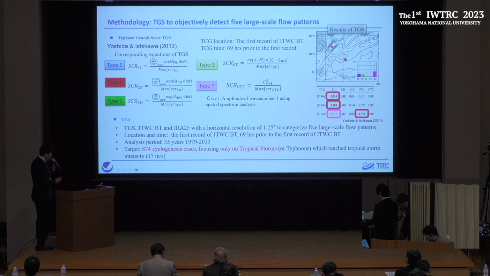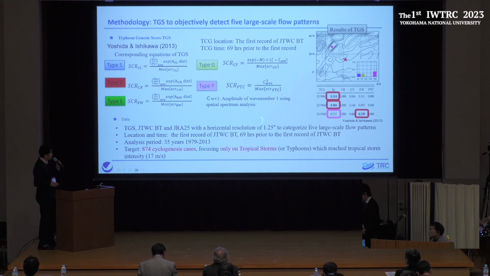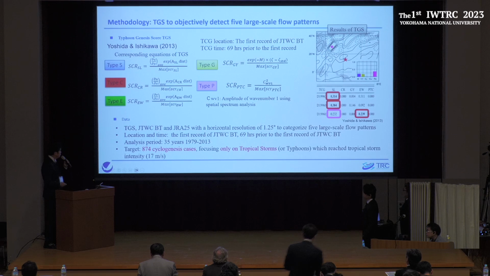We use the TGS here, the JTWC best track, and the Japanese reanalysis data to categorize the 5 large-scale flow patterns for the 874 cyclogenesis cases during the analysis period. We only focus on tropical storms or typhoons, which reach tropical storm intensity.